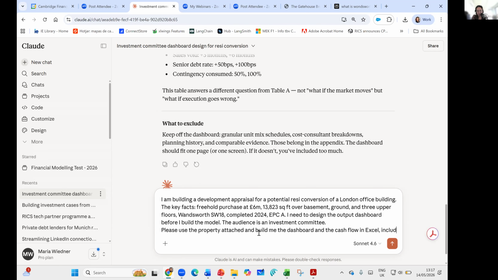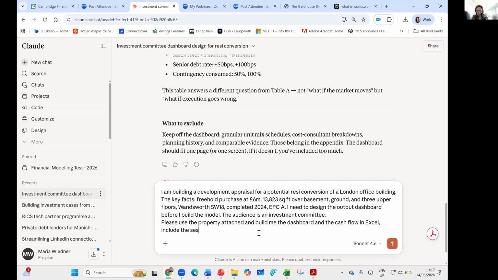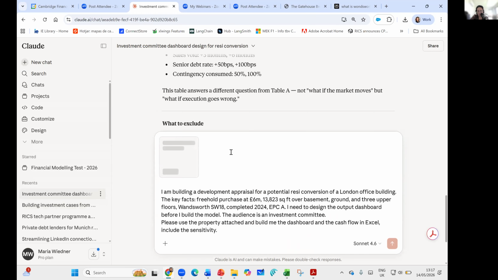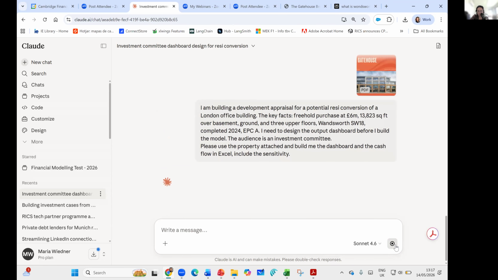Include the sensitivity analysis. One thing that is important to think about when using AI, very quickly, is that you always need to give context. In our case, the context is going to be the gatehouse brochure. So I'm just going to put the gatehouse brochure, and then let's see what AI comes back with.